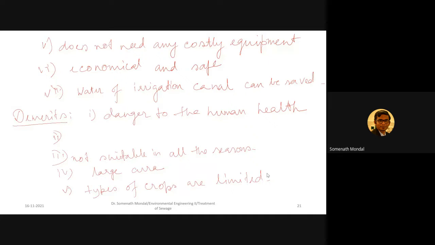Now, another important term which we should discuss in this context is sewage sickness. This is a very important term. What is sewage sickness? If sewage is applied continuously on a piece of land, pores or voids of soil are filled or clogged, so free circulation of air is thereby prevented. And these aerobic conditions which we have been talking about so much now get converted into anaerobic conditions.